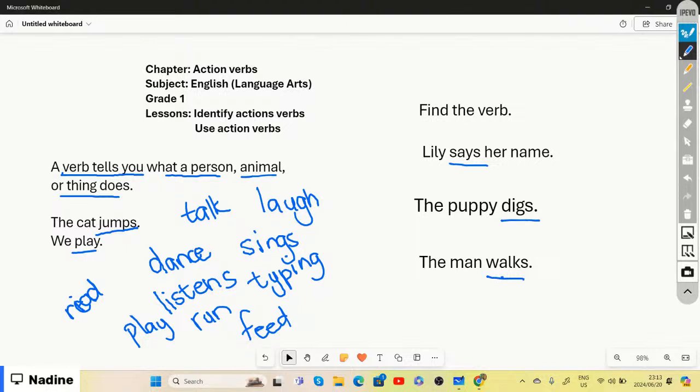So those are the verbs that we have identified within those sentences. Lily says her name, so says is a verb. The puppy digs, which means digs is the verb. The man walks, which means walks is the verb.